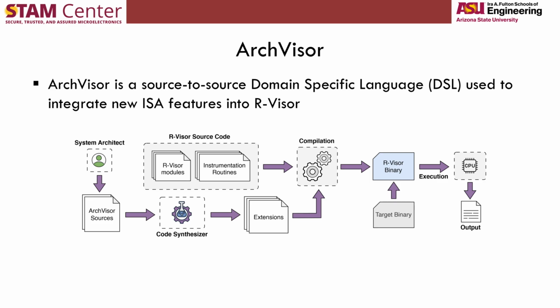ArchVisor is a source-to-source domain-specific language which we use to integrate these new ISA features back into R-Visor. First, we write the ArchVisor sources and pass these to a code synthesizer, which generates extensions within the source language of our R-Visor tool, and these two are compiled together to produce an R-Visor binary which can be executed together with a target binary to produce our instrumentation output.